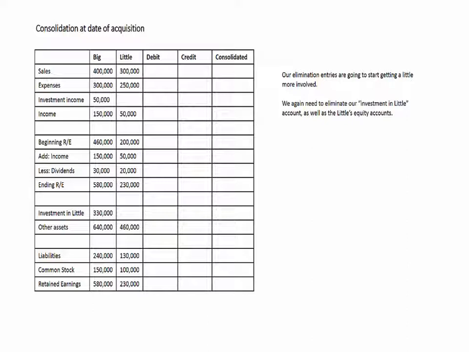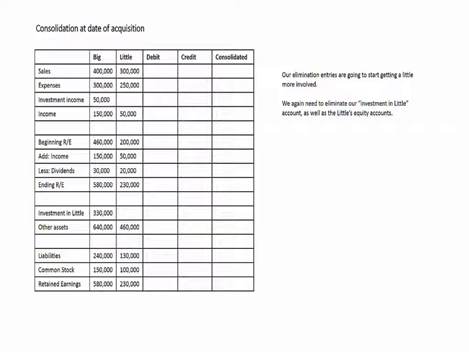Now, our elimination entries are going to start getting a little bit more involved here. Again, different people will organize this in different fashions. We could do all of the elimination entries in one big journal entry. Alternatively, we could break it down into bite-sized steps, which might make the process a little bit more intuitive, trying to explain exactly what it is that we're doing.